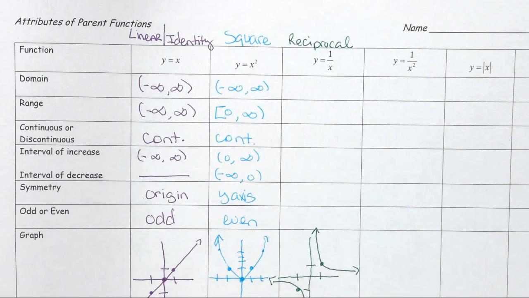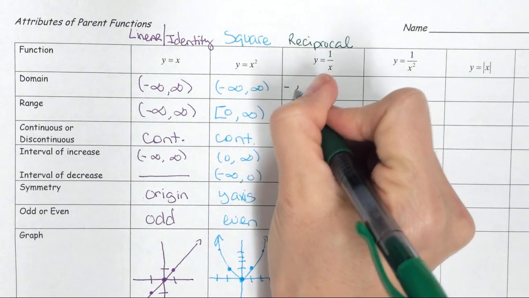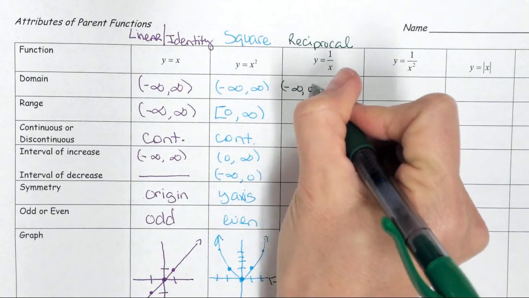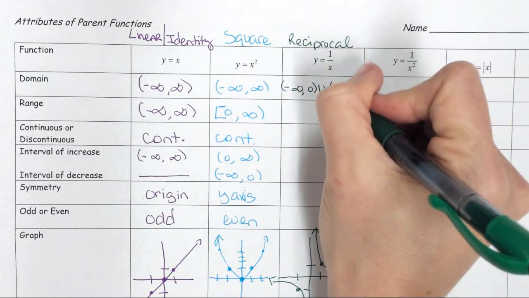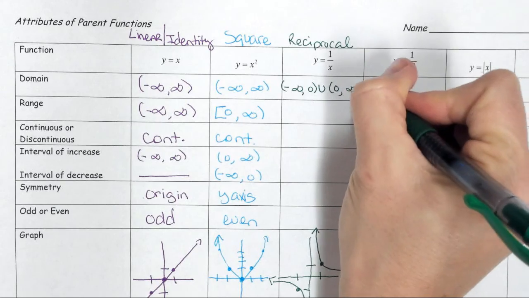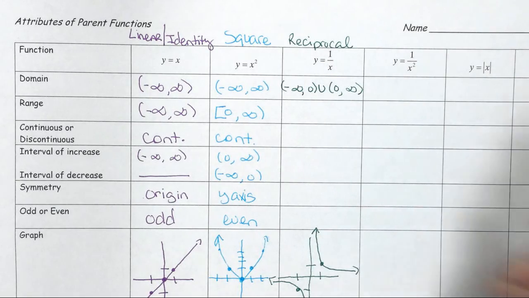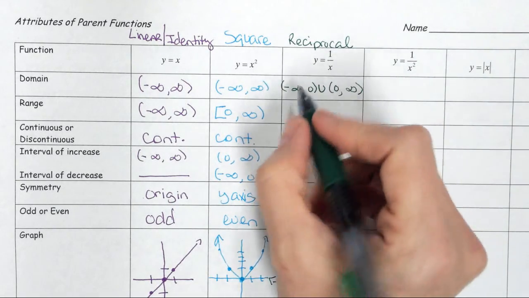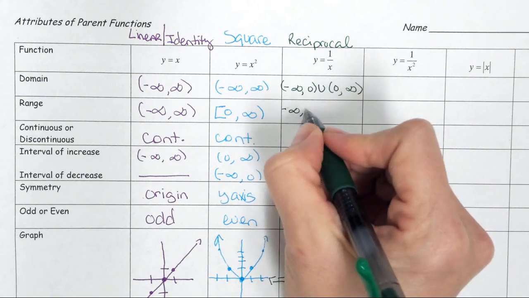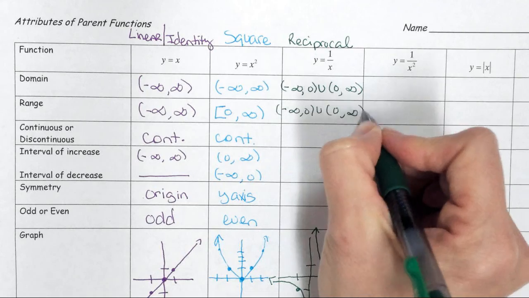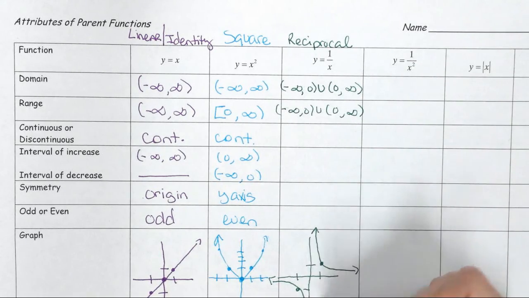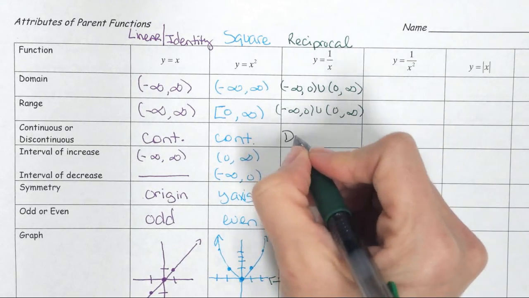The domain for this graph is going to be from negative infinity to 0, not including 0 because we can't divide by 0, union 0 to positive infinity. The range is going to be exactly the same thing, negative infinity to 0, union 0 to positive infinity. Because it is asymptotic, it's discontinuous this time.